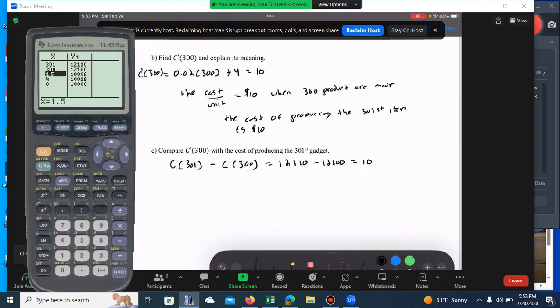Okay, so it matches. Now, there's some rounding going on here.